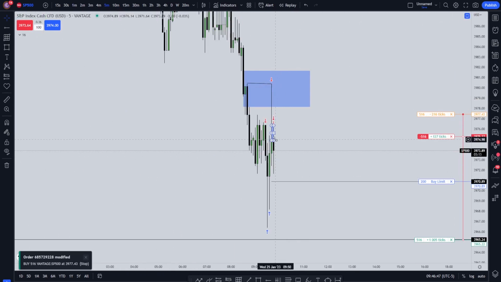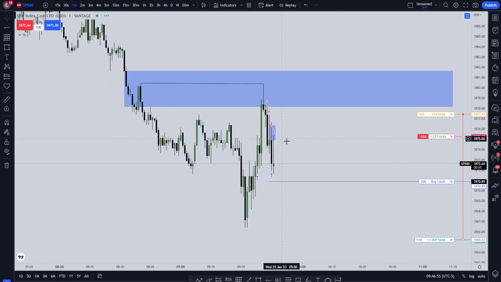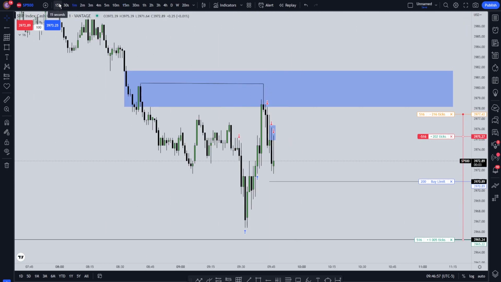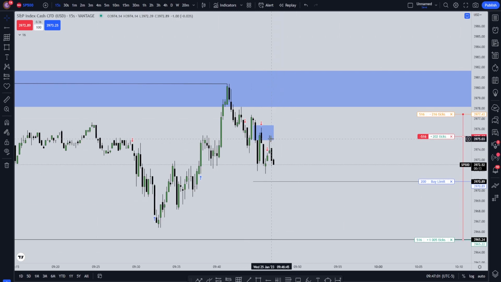Okay, have a look at the 5 minute, 15 minute. You see that huge rejection, wick rejection from that 15-minute candle. 1 minute showing rejection. Back to the 15-second. We came back up into that fair value gap and we rejected. So far, this trade was after price came down to take that low, a premature entry.